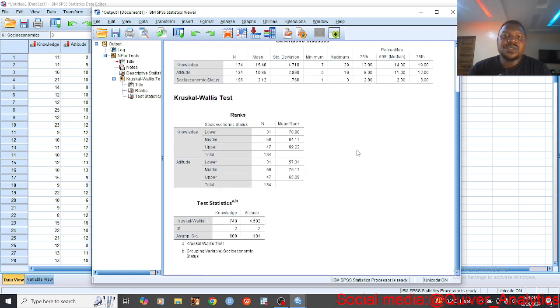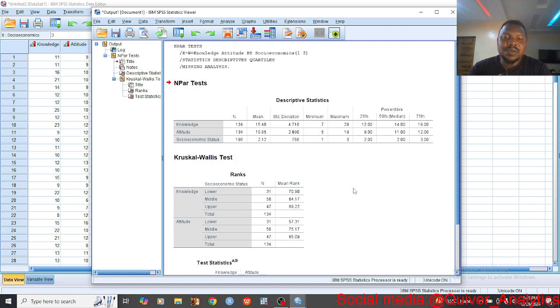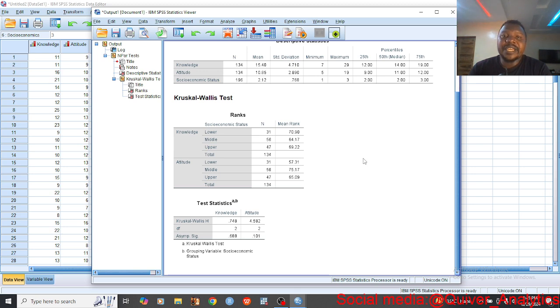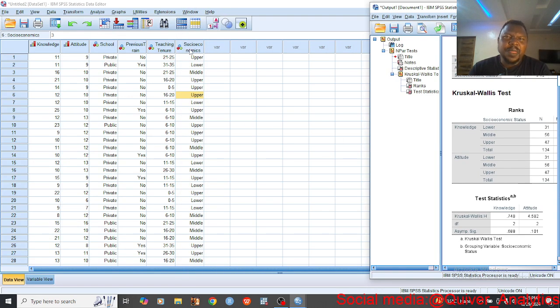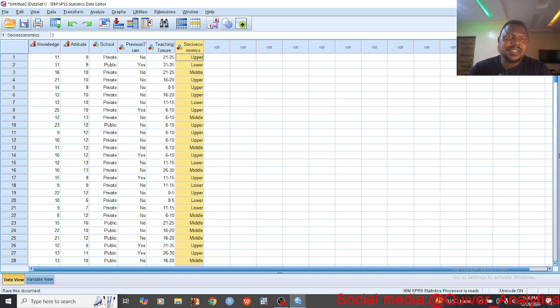All right, so that's all on Kruskal-Wallis K sample. K sample means that you can have 3 categories, you can have 4, you can have 5, you can have unlimited samples. For your case study, we've used socioeconomic status on knowledge and attitude.